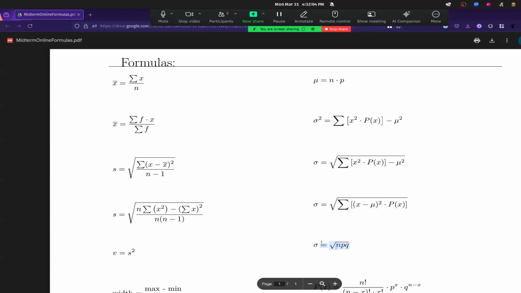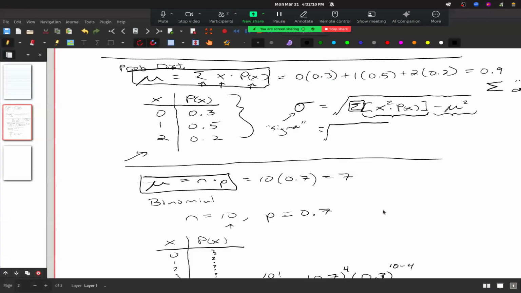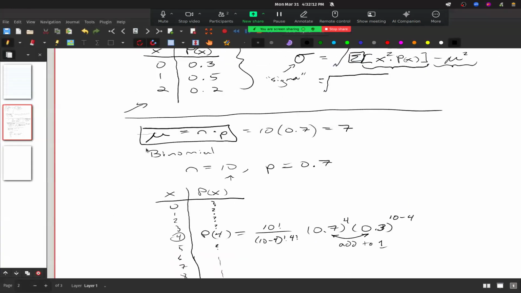This one is also for a probability distribution, but specifically for the binomial case, where you know you're in a binomial situation.